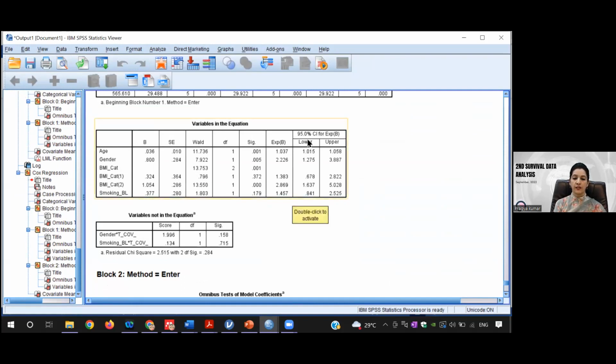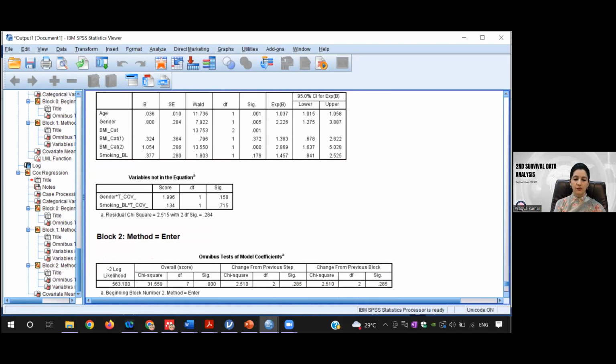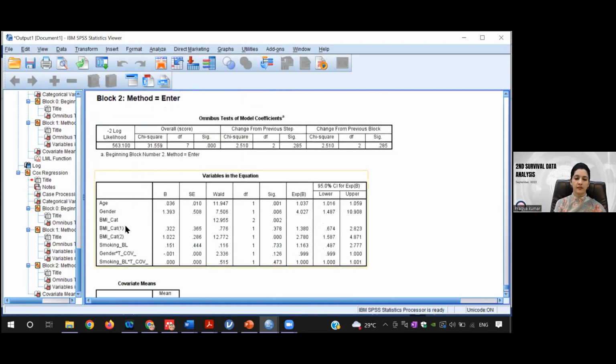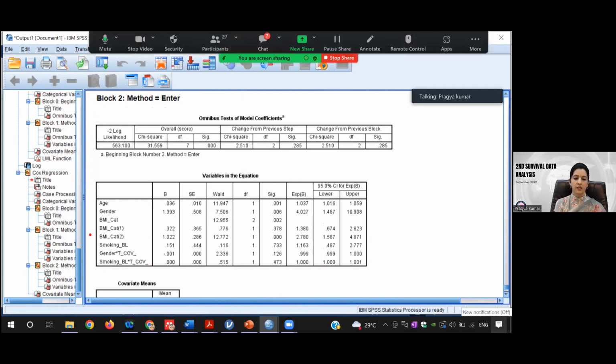So it gives you the values which you can see here, Exp(B), 95% confidence interval and the significance level. And if you go down, it gives you the values of all these variables along with these 2 time-dependent covariates.